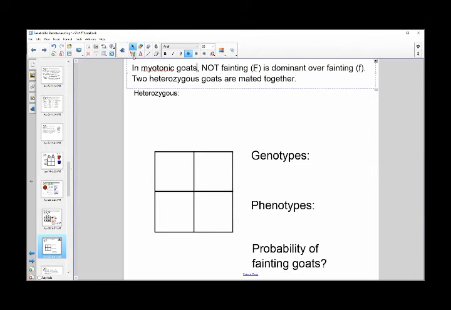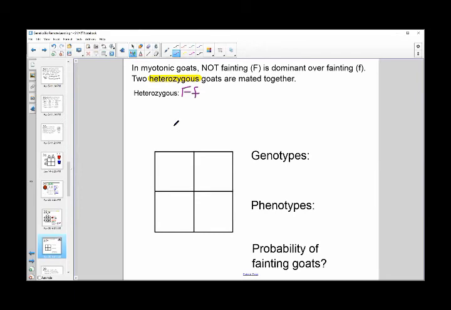Right? 2 heterozygous goats are mated together. Heterozygous means different, so that means that they're going to have 2 different genes, or one of each of them. So their combination would be big F, little f, and that is going to be for both of our parents, since those 2 were mated together.